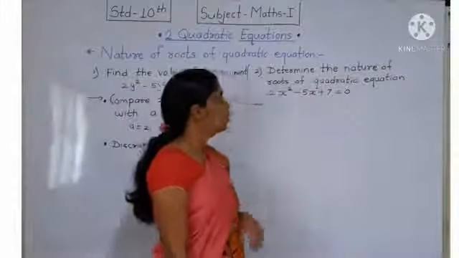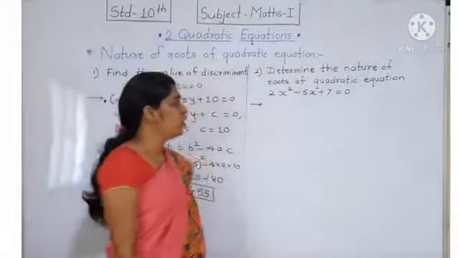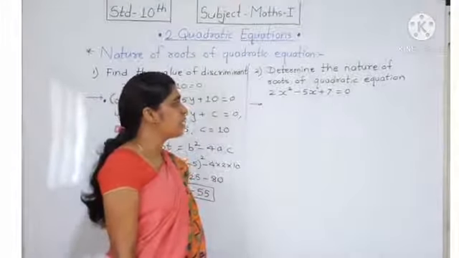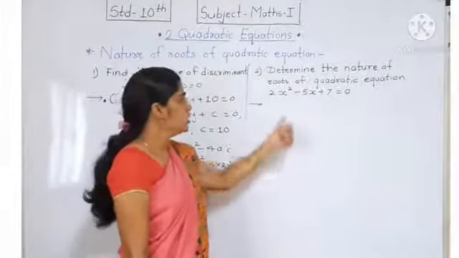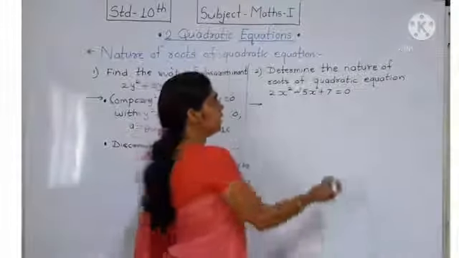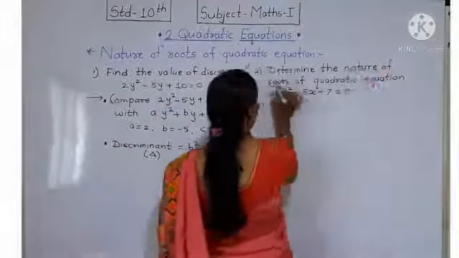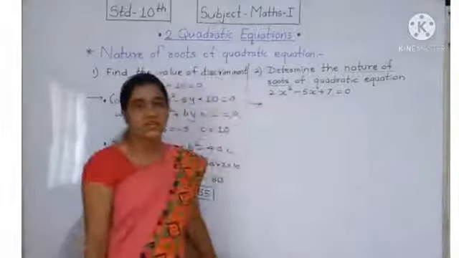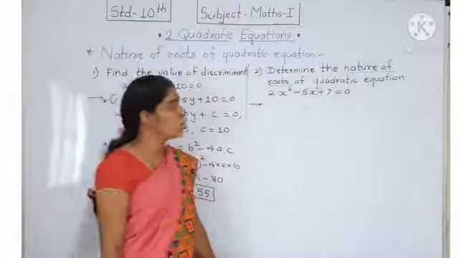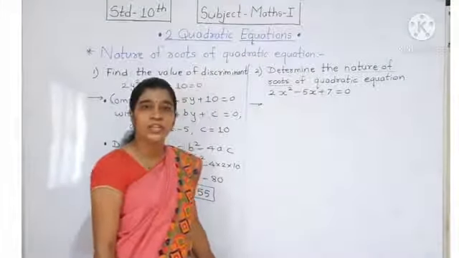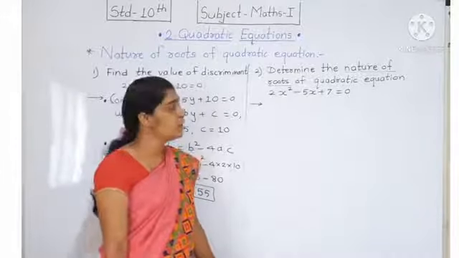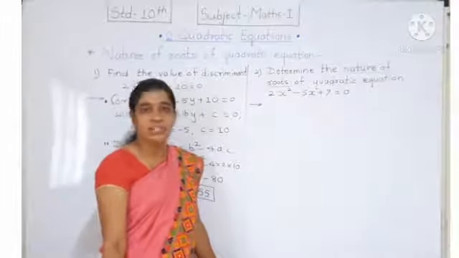Determine the nature of the roots of the quadratic equation 2x square minus 5x plus 7 is equal to 0. We have to find the nature of the roots of the quadratic equation. Means the nature of the roots of the quadratic equation depends on the value of the discriminant.